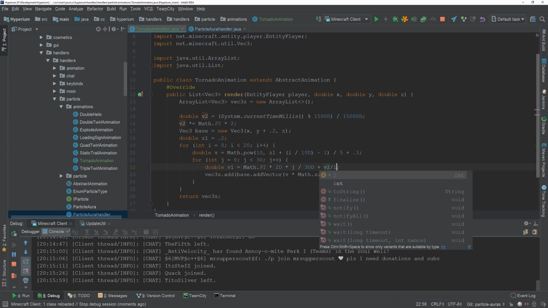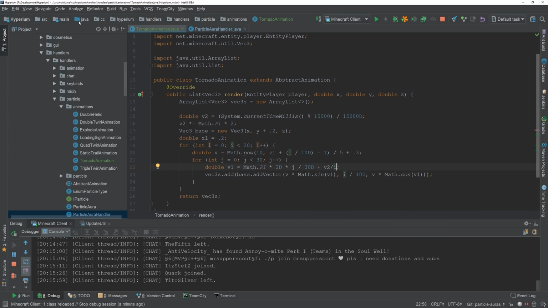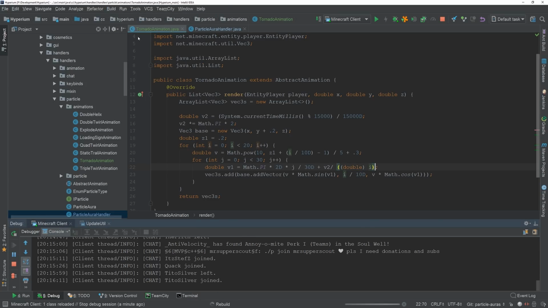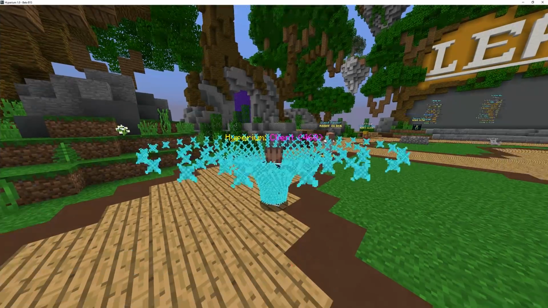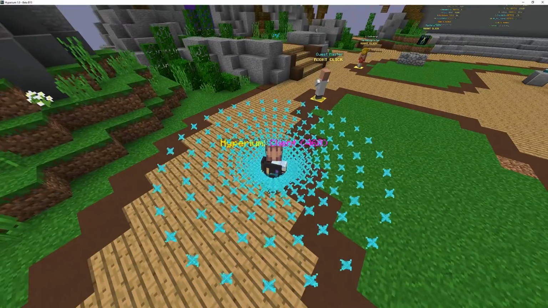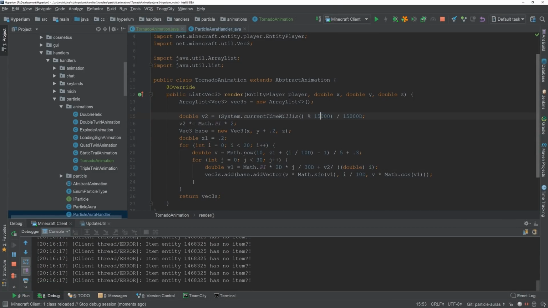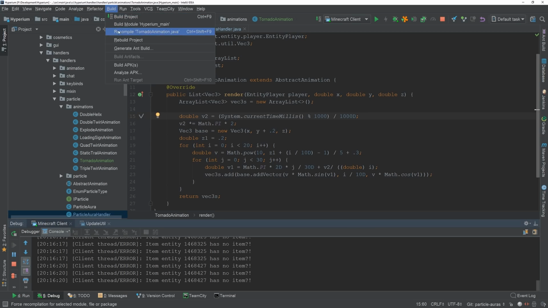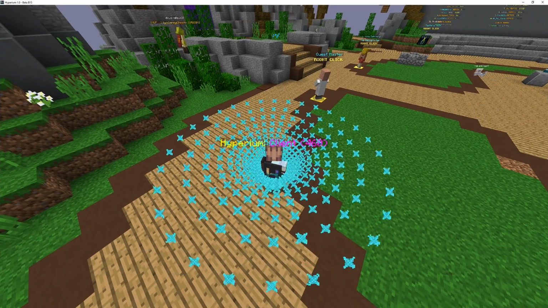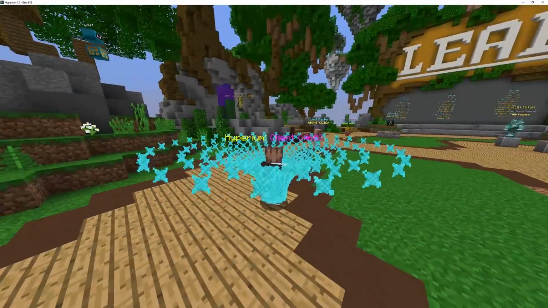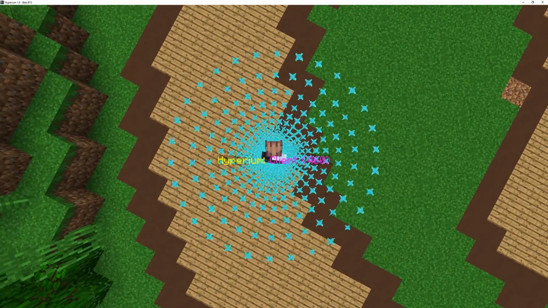What's V2 divided by I? We're gonna need to cast that to a double. We're gonna make this actually fast. I scratched that. If we make this 15 times faster, the middle is spinning faster, but not that much faster, right?